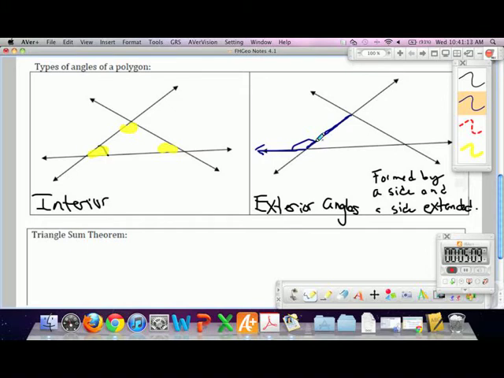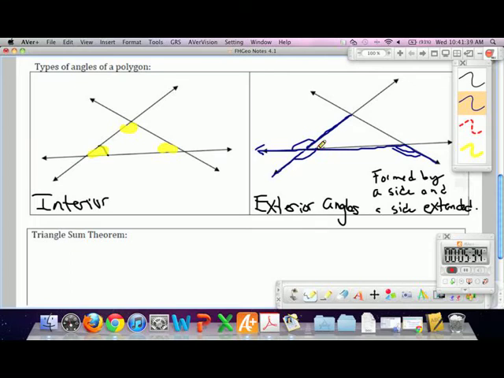A side and a side that's been extended could be an exterior angle.